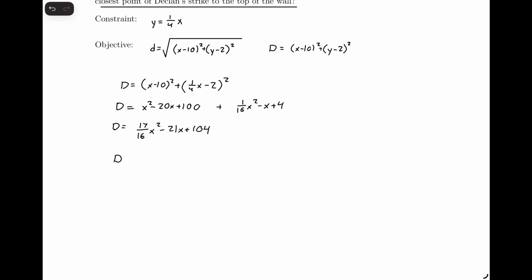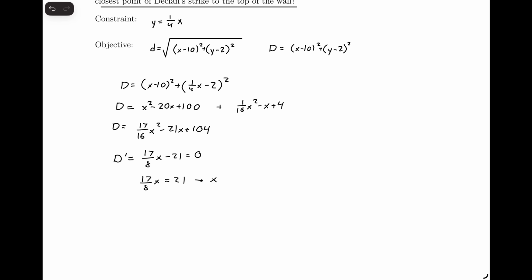And now we'll differentiate on both sides. So this leaves us bringing that 2 out in front with the power rule, 17/8 x minus 21 equals 0. So 17 over 8 x equals 21.